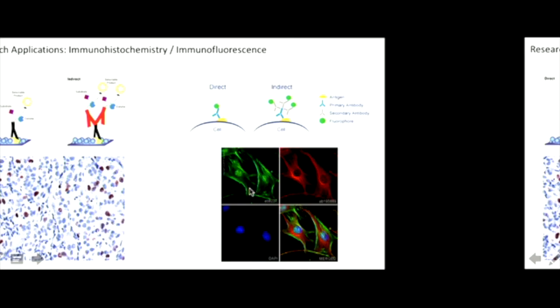The green is actin, the red is tubulin, and the blue is a stain for DAPI, which targets DNA in the nucleus. So you can see all of these different structures in one sample because the antibodies only react with the antigen they're specific for, and you get these great overlaying images where you see all of them together.